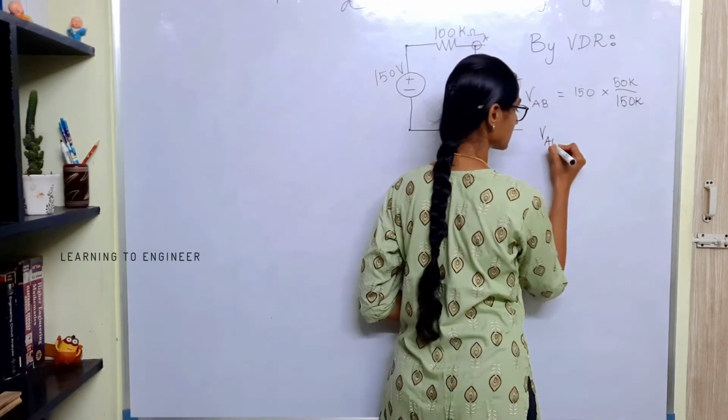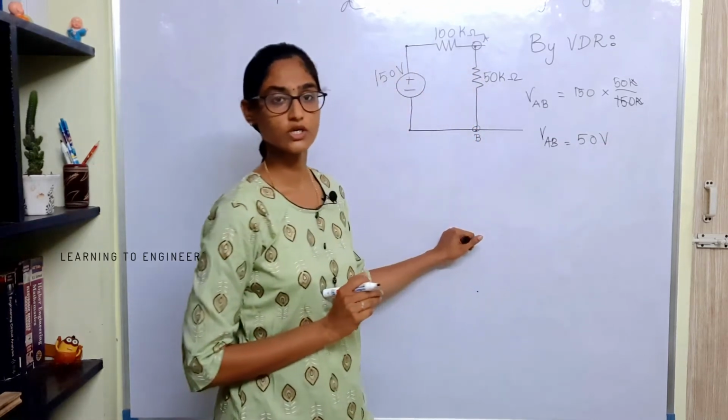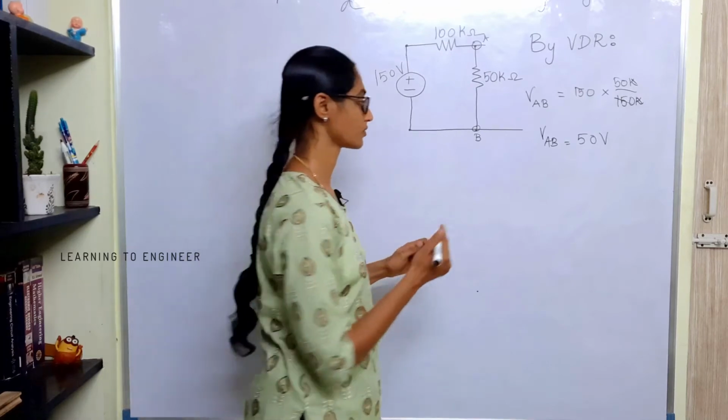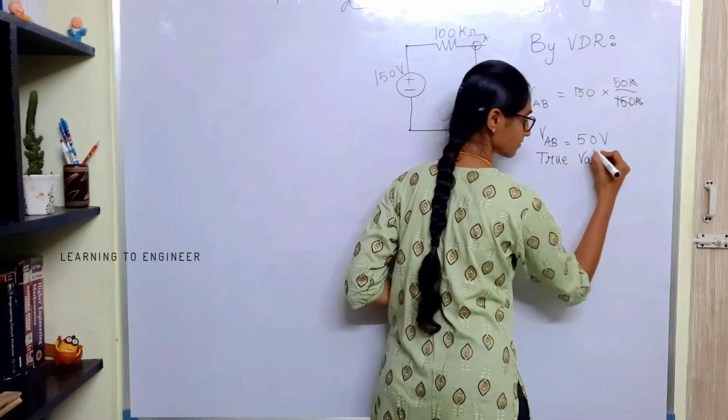So the voltage across AB is 50 volt. So 50 volt appears across this resistor. This is the true value. Let me mark this.